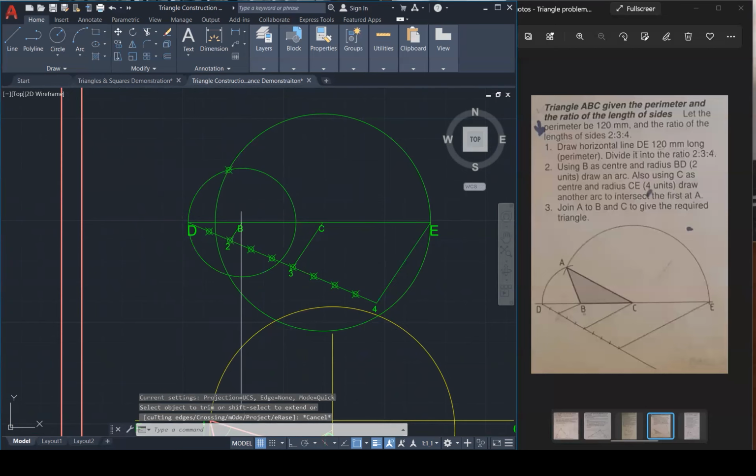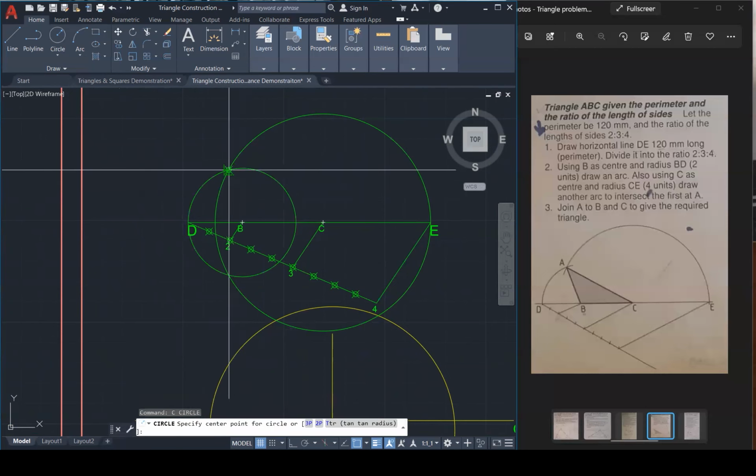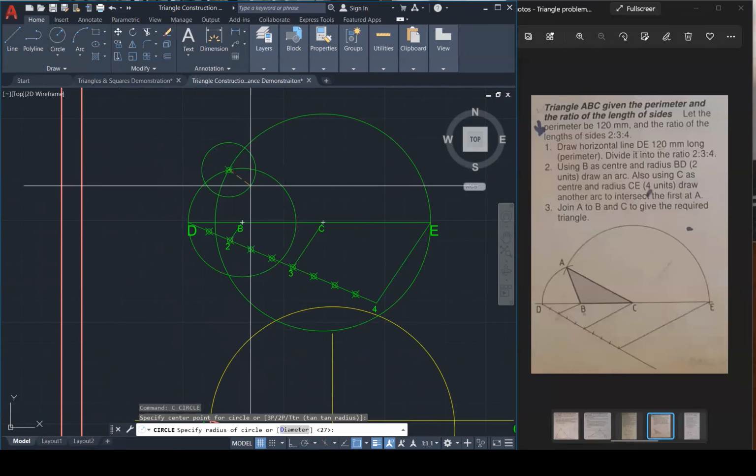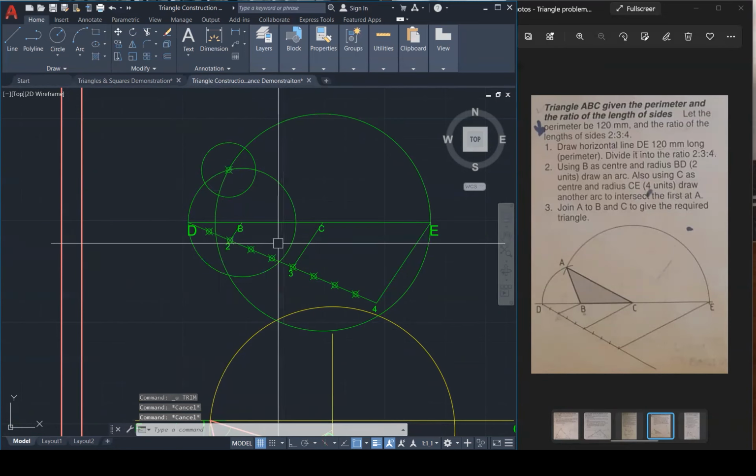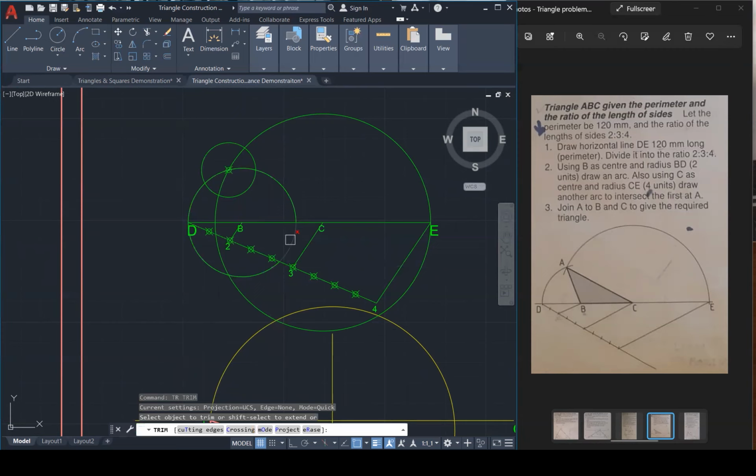I can trim now. So what I'm going to do is also put a circle and then trim around it so that you can see the construction, right? Or let me think of a nice way to present this.